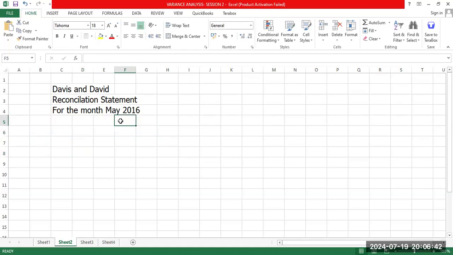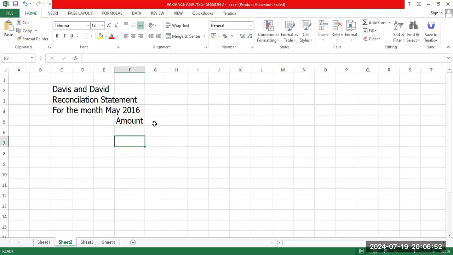So here you can create one column for amounts, then another column also for amounts.